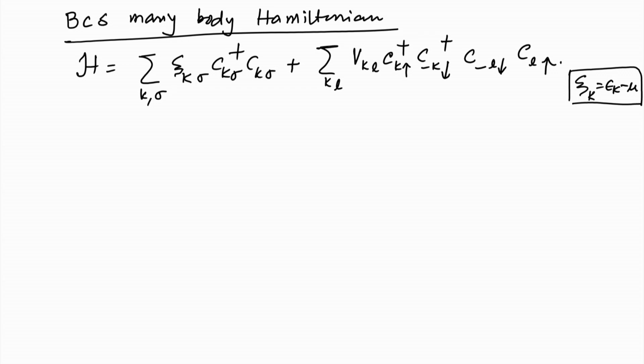We have already argued that BCS theory cannot be obtained by doing a perturbation theory of any order. So, we will do a variational calculation instead. And in the variational calculation, these small u_k, v_k, which are the occupancies, will be used as variational parameters.